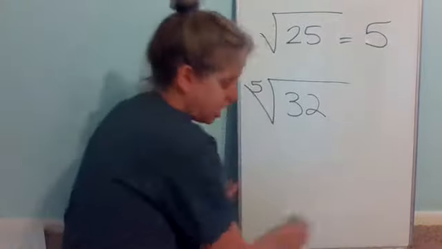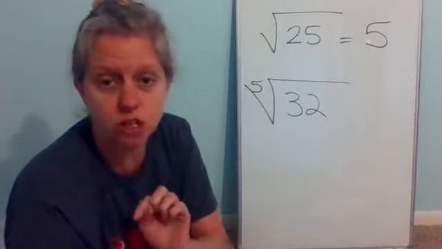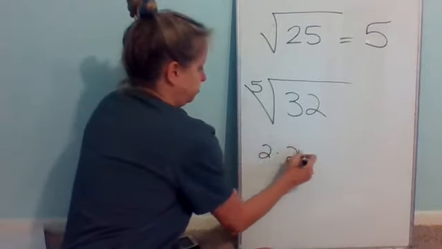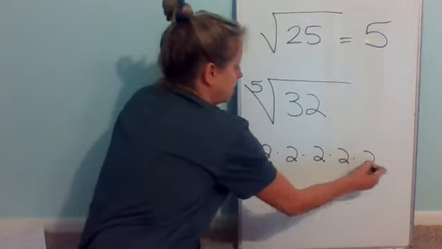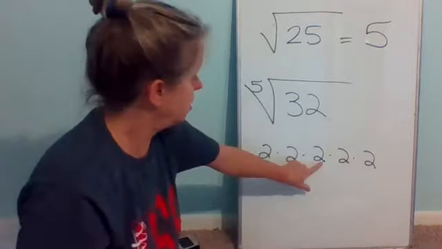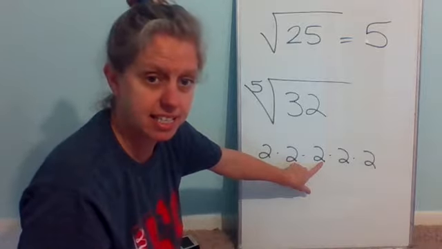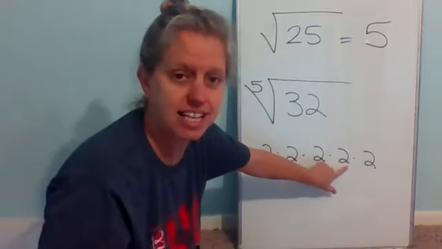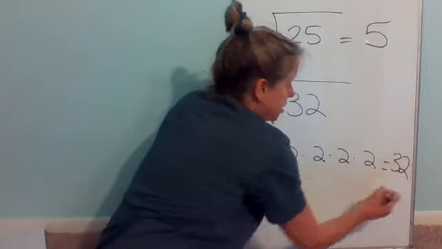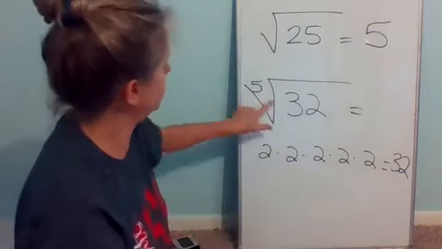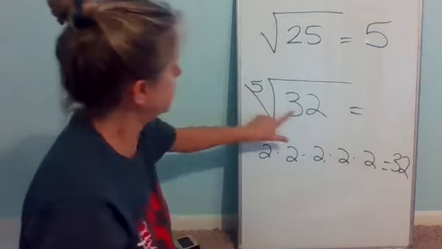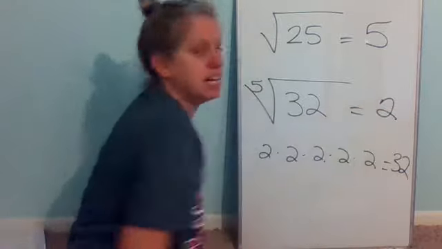Numbers start getting big really fast when you multiply them times themselves. So let's try 2. 2 times 2 is 4, times 2 is 8, times 2 is 16, times 2 is 32. So the number times itself 5 times to get 32 is 2.